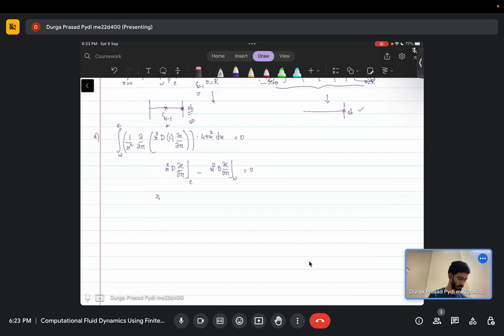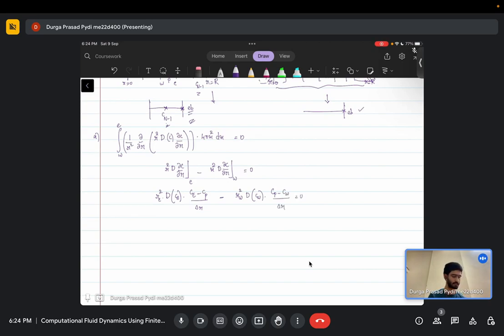This is r east square times D of c east, with del c del r on the east face being c east minus cP over delta r, minus r west square D of c west times the corresponding west gradient.